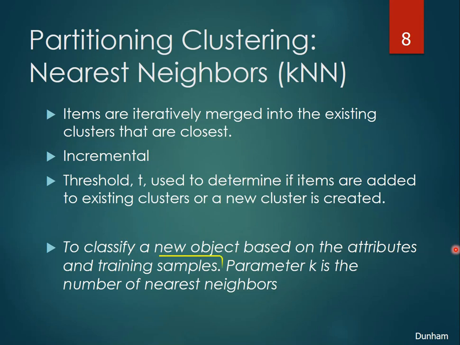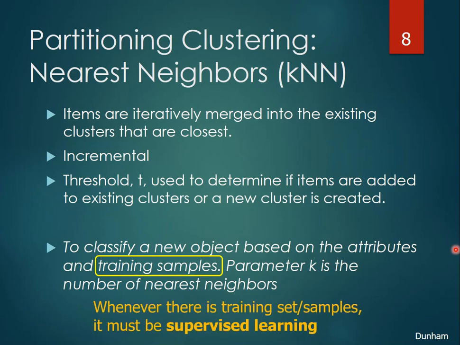Wait a second. We are talking about training samples. Okay. So whenever there is a training sample or training set, it must be supervised learning. So whenever there is a supervised learning, it is not clustering. It is classification.